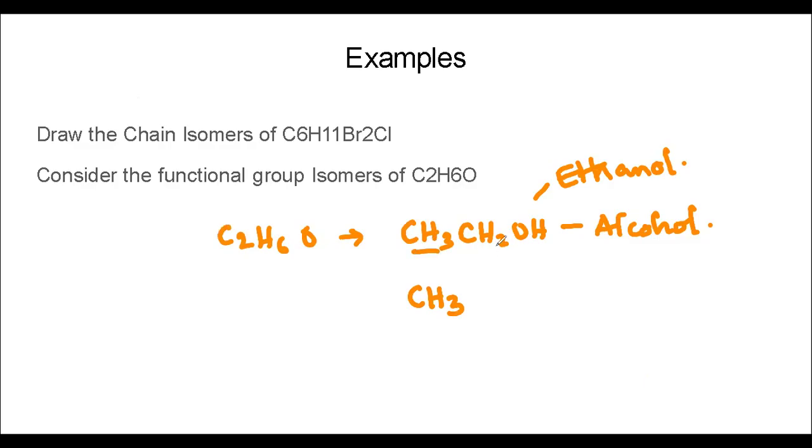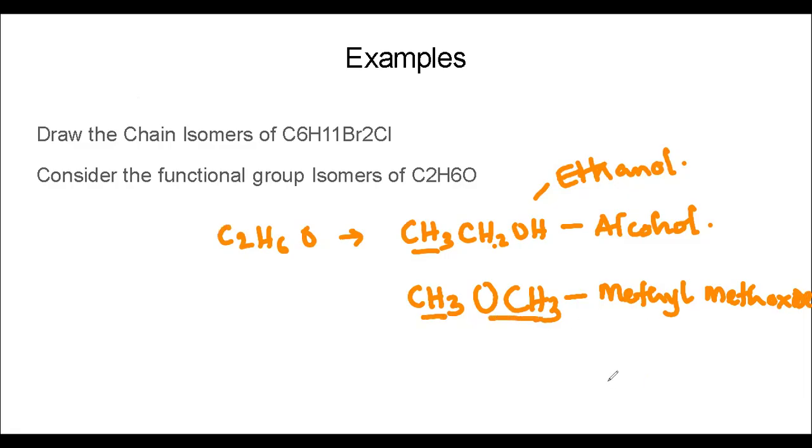Then the same molecular formula can give you CH3. Okay? This CH2, I can add the hydrogen and then bring the oxygen in between. This is an ether. This is methyl methoxide. Okay, methyl methoxide. So you have two different functional groups here. You have alcohol here.